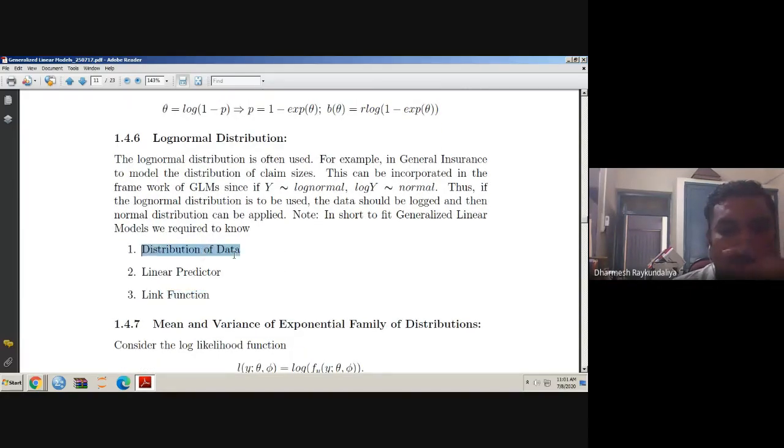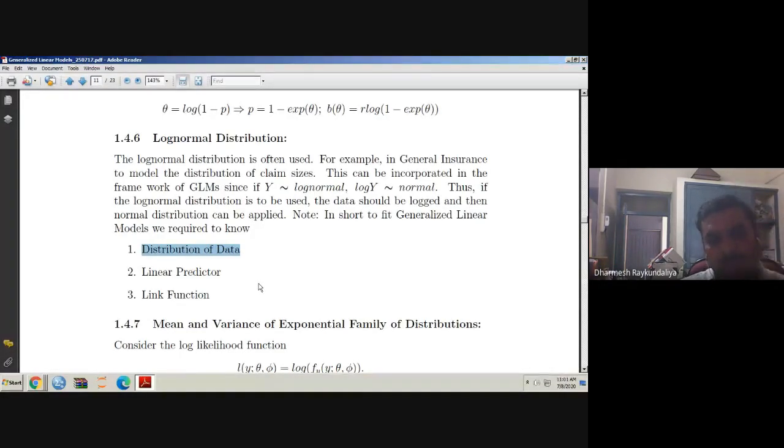Suppose we do not have an idea about the distribution of the data, but we have an idea about the nature of the data, whether it is discrete, a count, or continuous. If it is discrete data, perhaps it has a Bernoulli, multinomial, or binomial distribution. If it is a count, it has a Poisson distribution. If it is quantitative, it may have a normal distribution, log normal distribution, or gamma distribution.